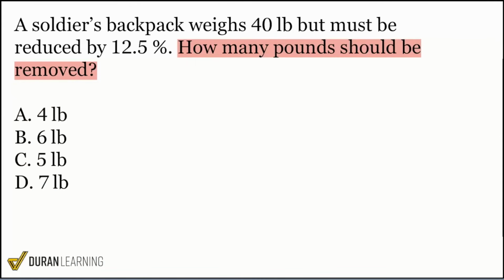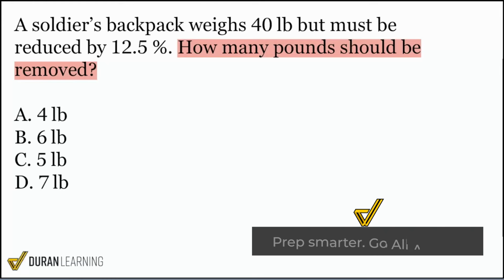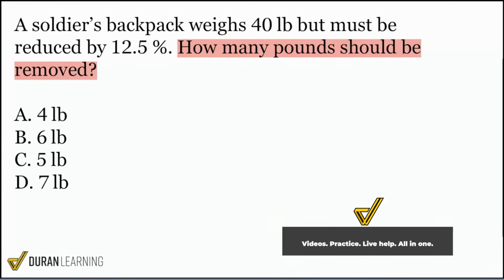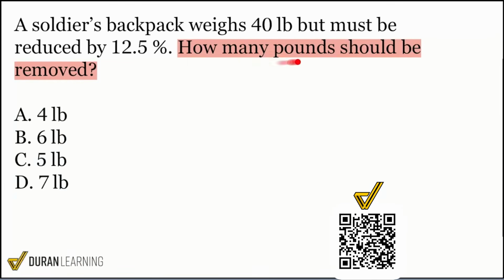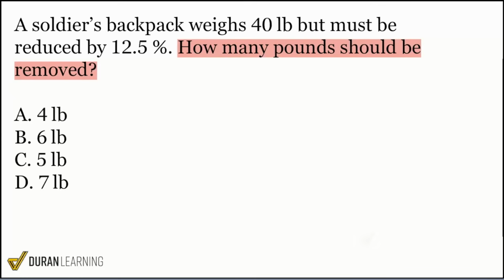And I don't want you to talk about it in terms of the result or percent or the original. I want you to talk about it in terms of just a story. If we're reading the story, what are we trying to find at the end of the day? Yeah, we were trying to find the number of pounds that we have to take out, the number of pounds that needs to be removed. So before you get to the math stuff, before you overwhelm yourself with that, you want to begin simply with the story.